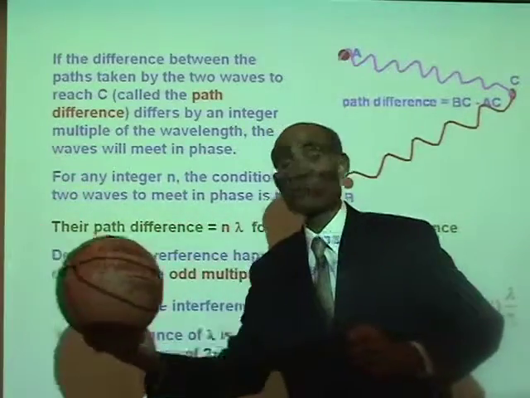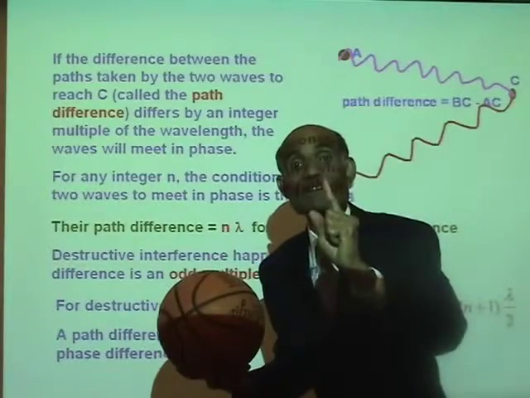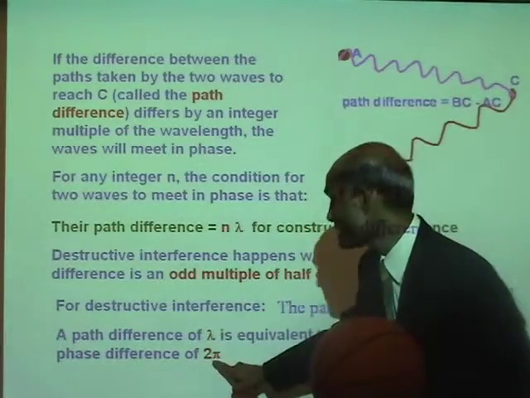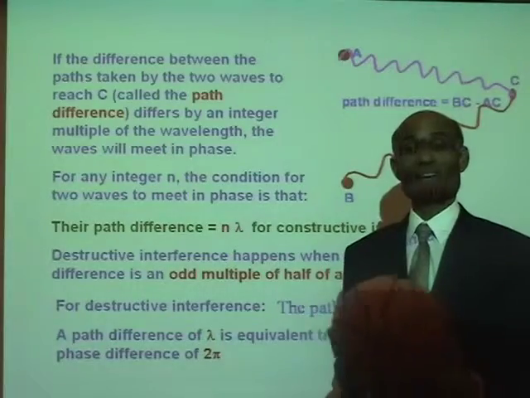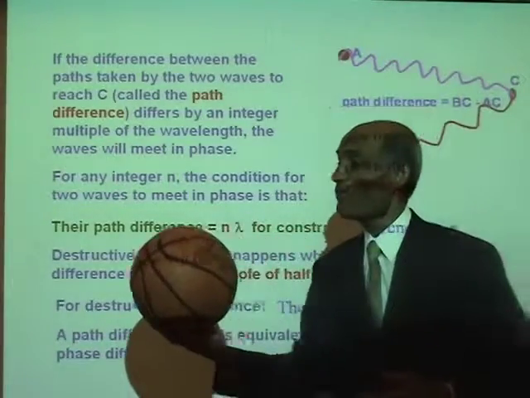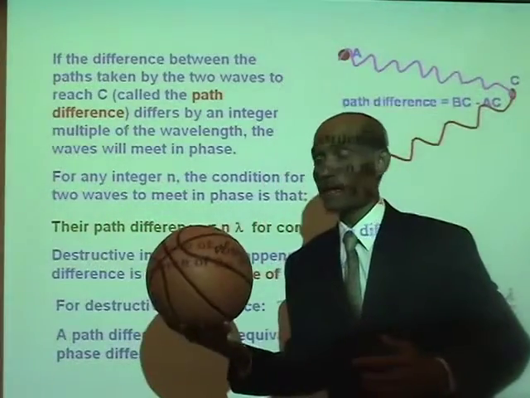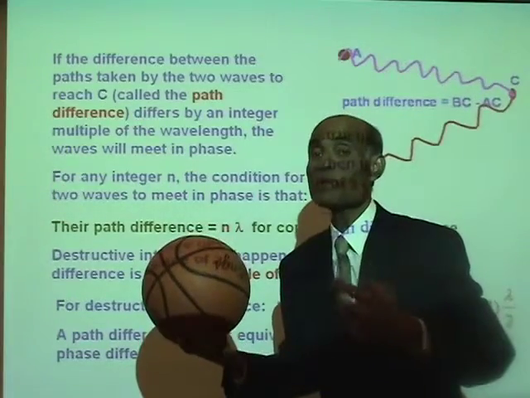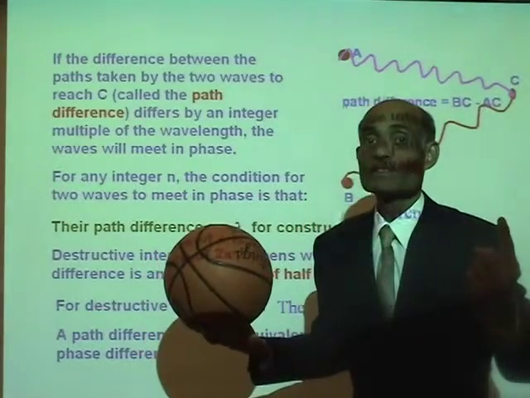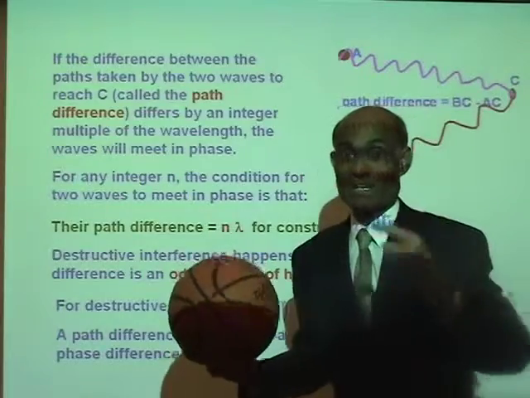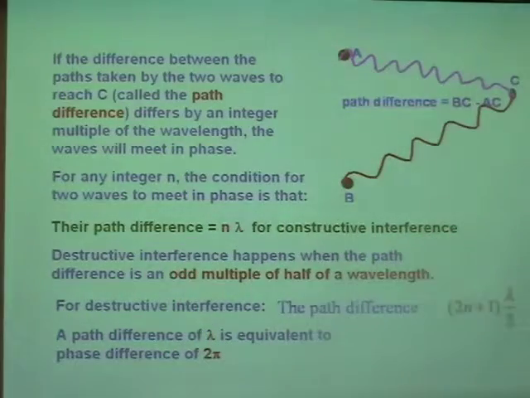So a path difference of 1 wavelength is the same as a phase difference of 2 pi. In that case, tell me, a phase difference of pi is equivalent to a path difference of what? It will be lambda by 2. Is that right? Yes.